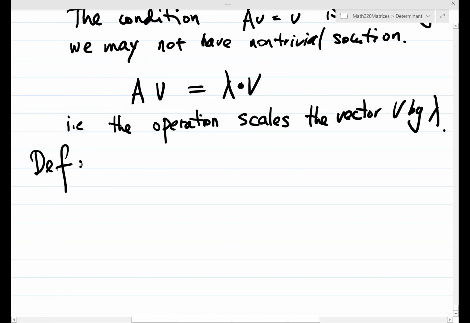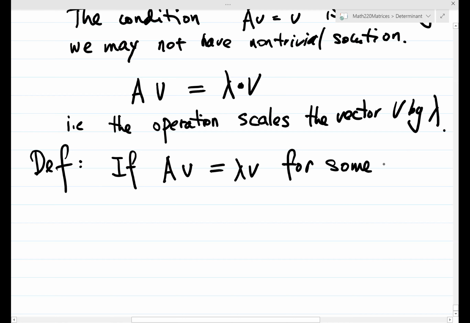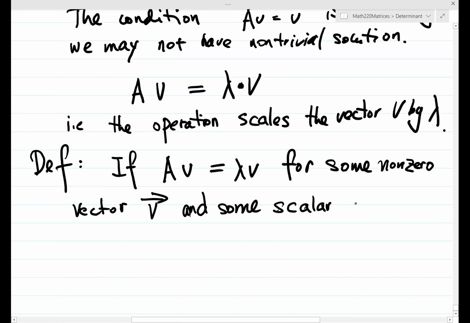Here A is an n by n matrix. If A times V, the output is lambda V for some non-zero vector V, and here lambda is some scalar, then we call this V an eigenvector.